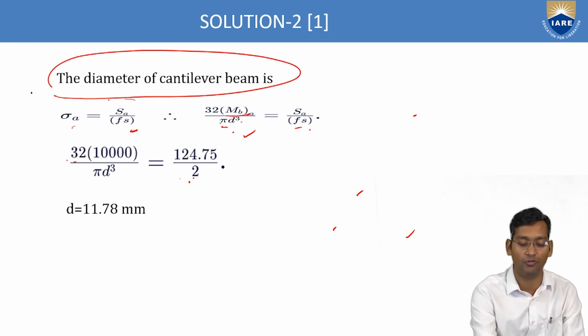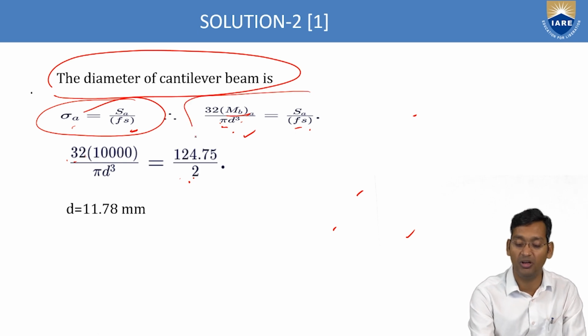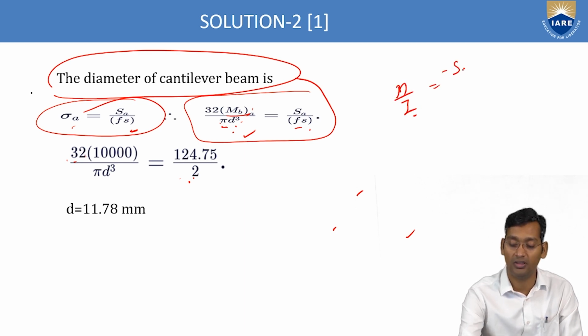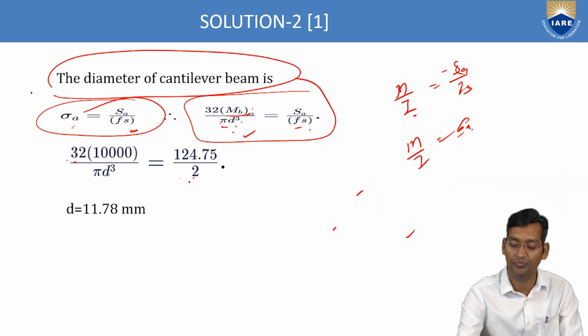Sigma A, one formula is SA by Fs, and another formula in terms of the bending equation is M by I, where I is pi d cubed by 32. So M by I equals sigma A.